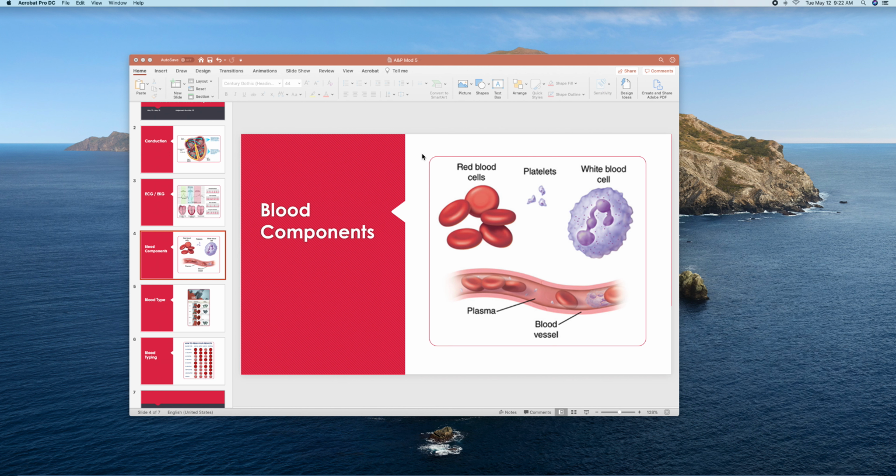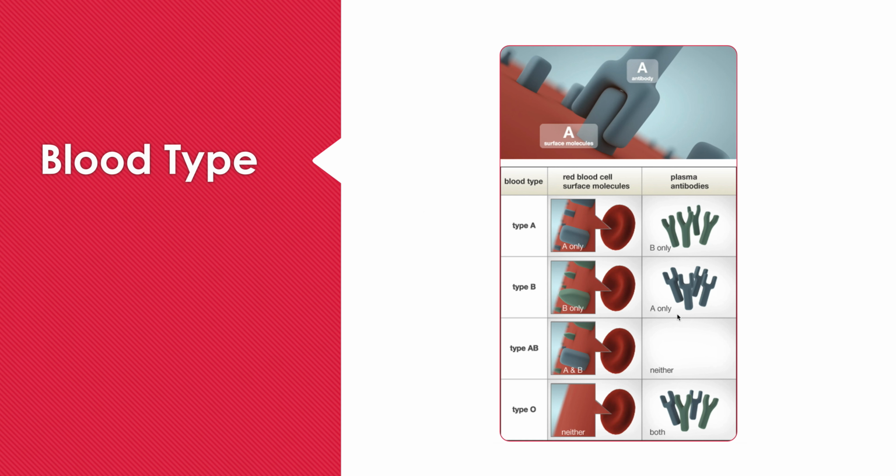From there, your last bit is going to be about blood typing. So your blood type is based on the surface proteins on your red blood cells. These surface molecules are referred to as antigens.